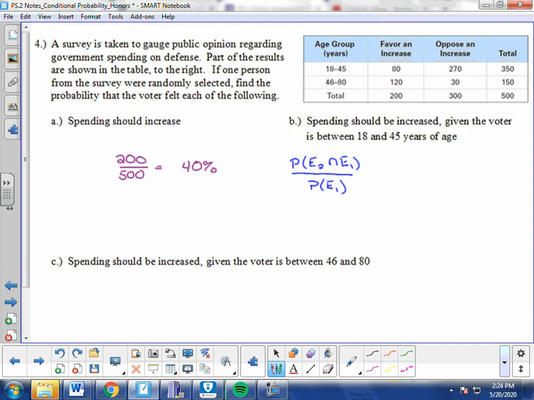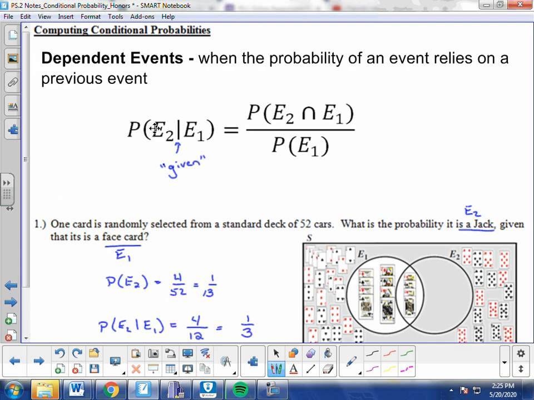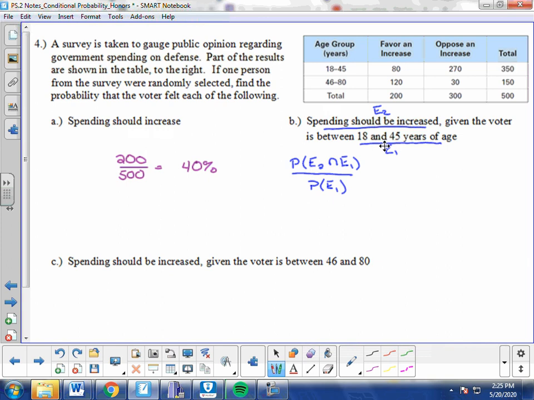The probability of event 2 and event 1 occurring divided by the probability of event 1 occurring. The given part is event 1, that the age is between 18 and 45 years of age. Spending should increase is event 2. That can sometimes be confused, but remember, this means event 2 given event 1. And so event 1 is the given part, the voter age.